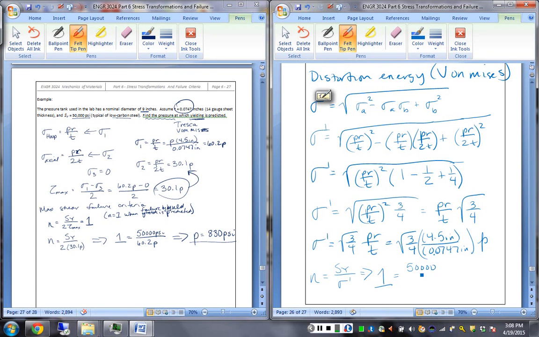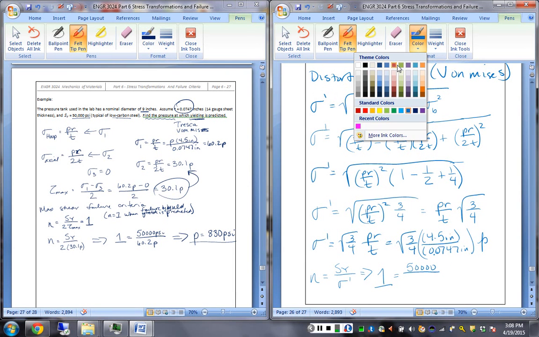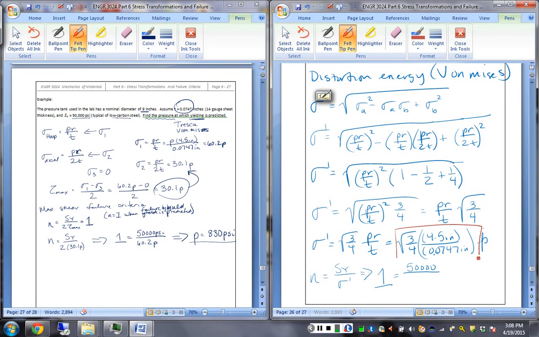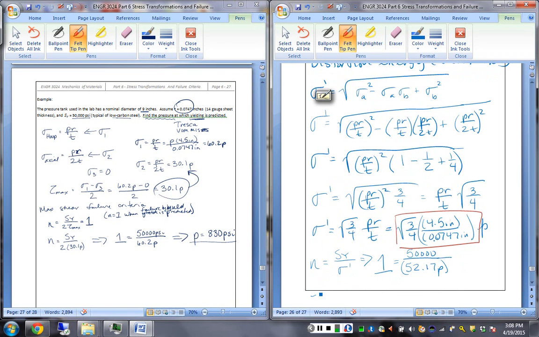The strength of the material is 50,000, and this number, the coefficient of the pressure, simplifies to 52.17 times the pressure. So that's the sigma prime, the von Mises equivalent stress. And so this tells us that the pressure is 958 psi.